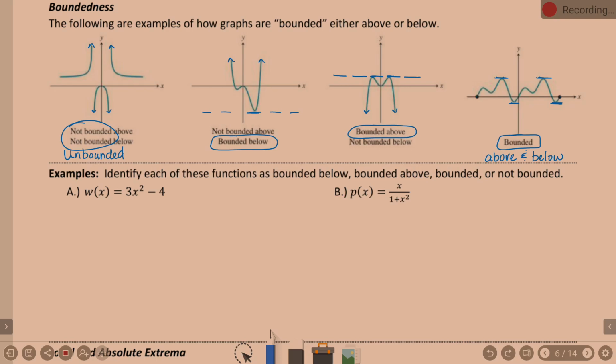And it's a parabola that opens right side up. Well, if I have a parabola that opens right side up, what would you say about that? Bounded below. There's a certain point it goes no lower than, but it does go infinitely up.